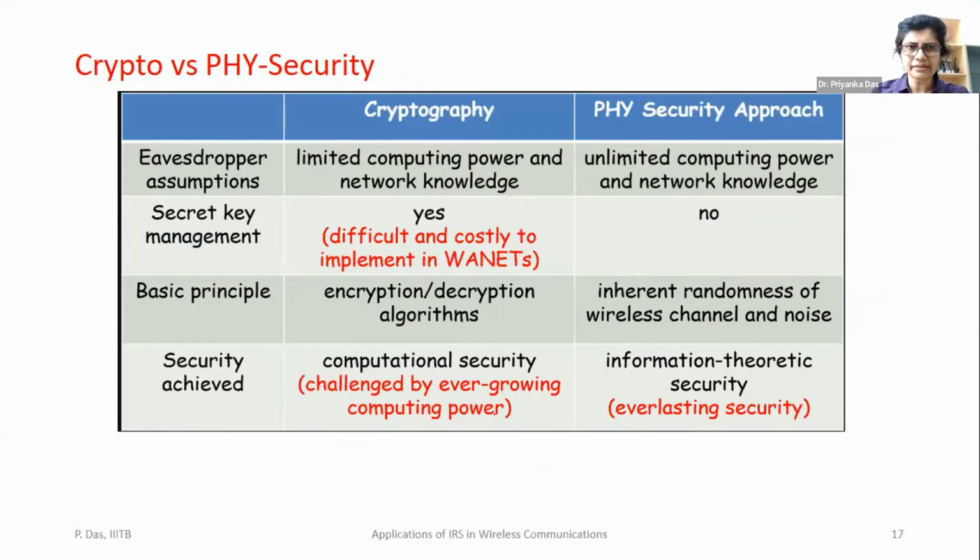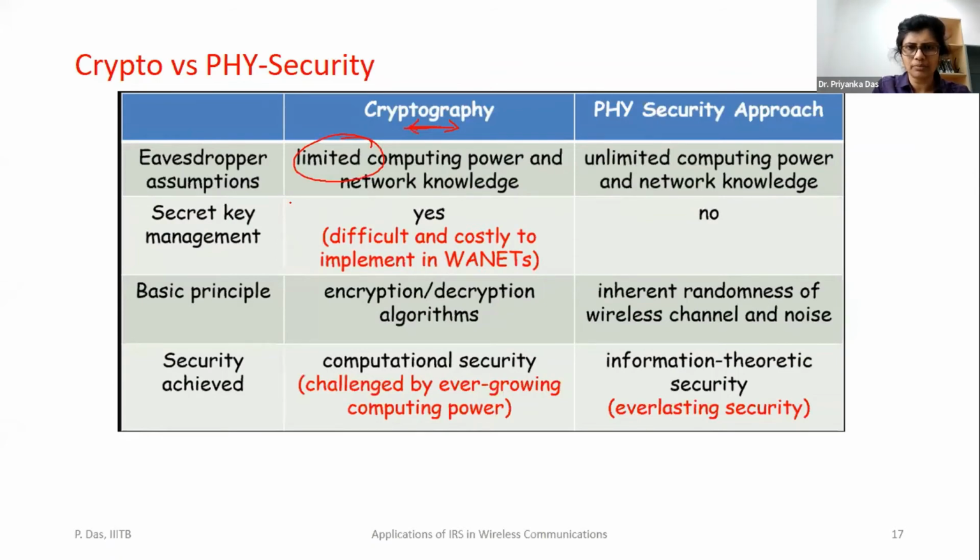Crypto versus FISEC. Cryptography assumes your eavesdropper, who wants to hack your information, does not have much higher computing power, or has limited computing power such that it cannot break the algorithm to decrypt. So it is only okay to have limited computing power and network knowledge for the eavesdropper.